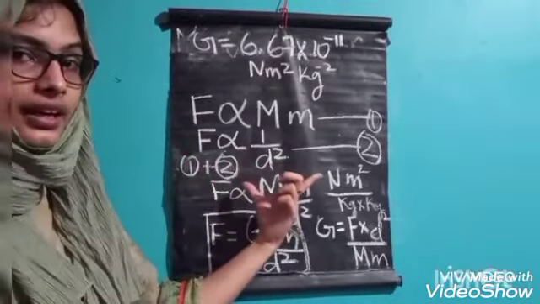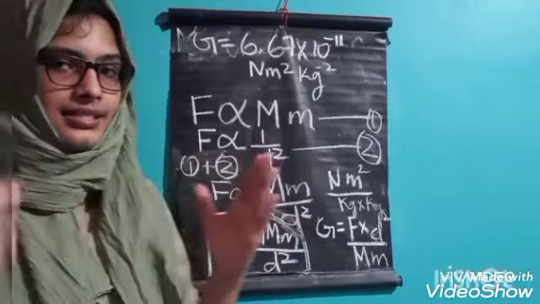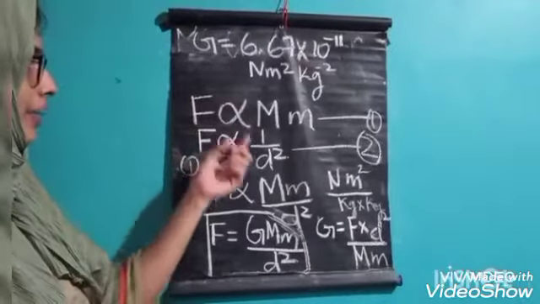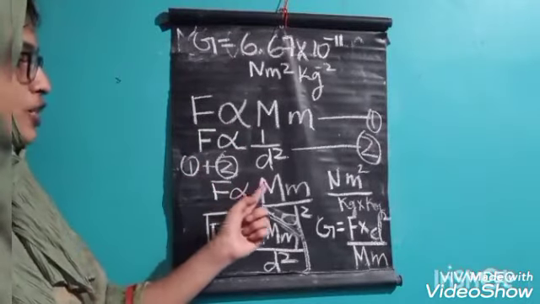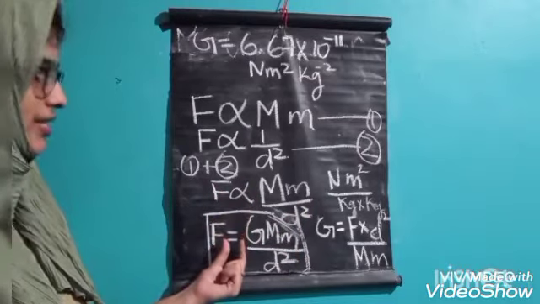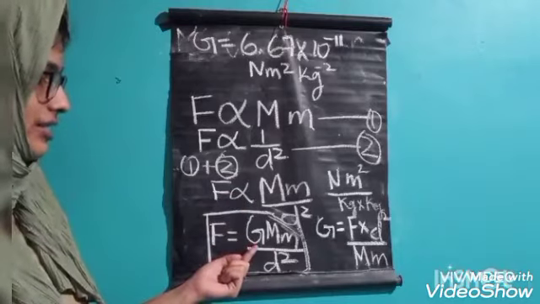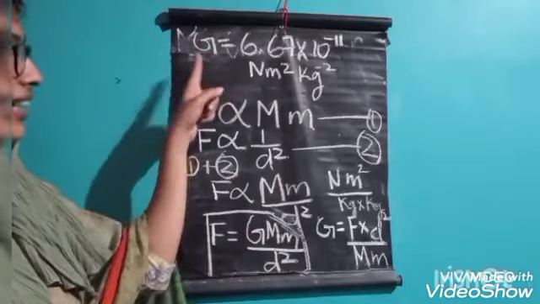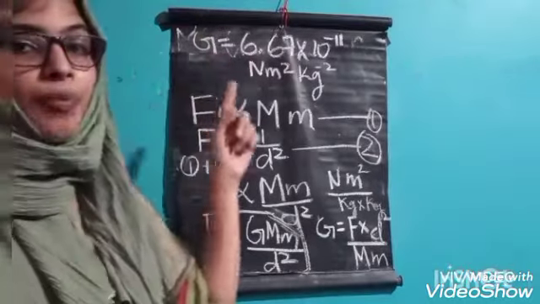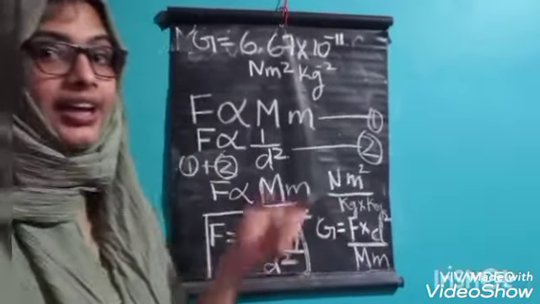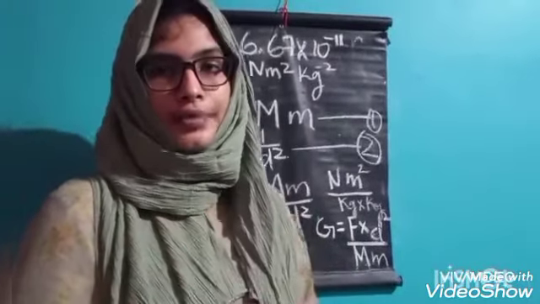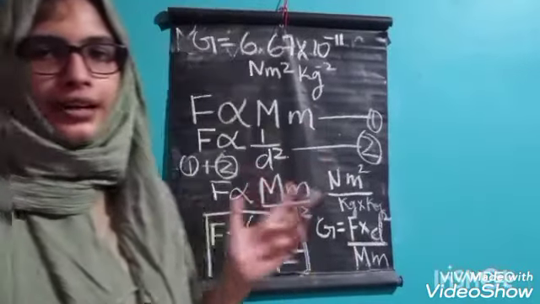As the distance increases, the force of attraction decreases. By combining these two, we get F proportional to M m by d square. Then to change this proportionality into an equal to sign, we multiply it with a constant known as the universal gravitational constant. Its value is 6.67 into 10 raised to minus 11 and its unit is Newton meter square per kilogram square. Okay, hope you understand all these things.